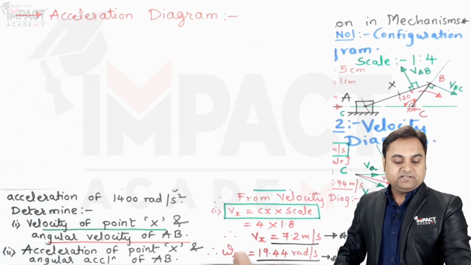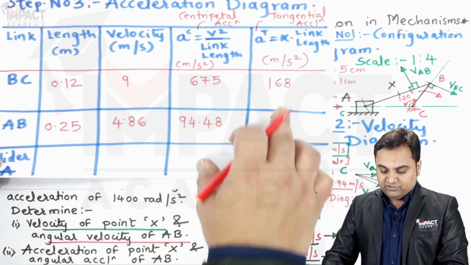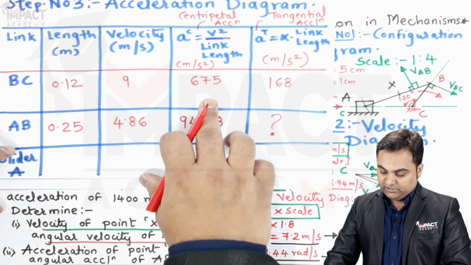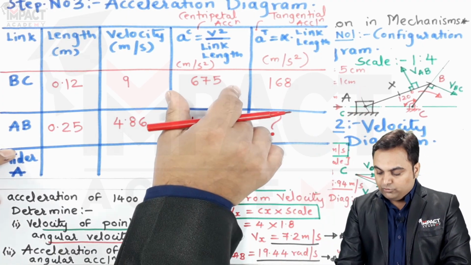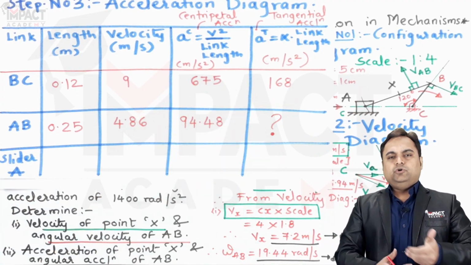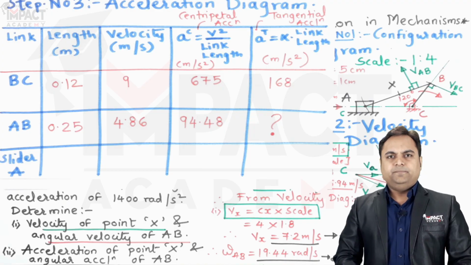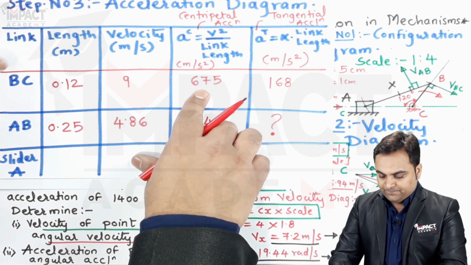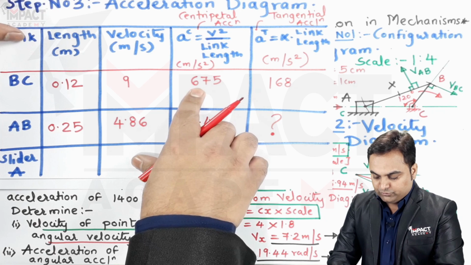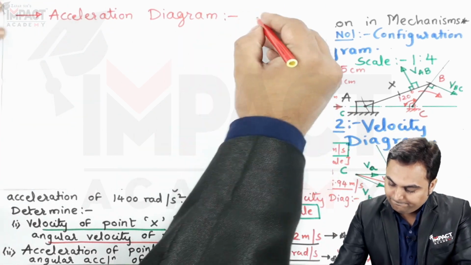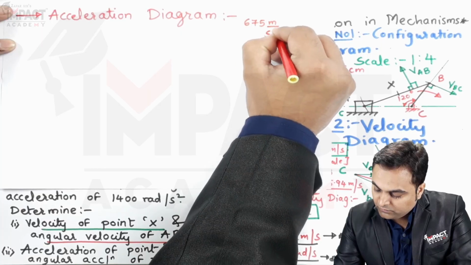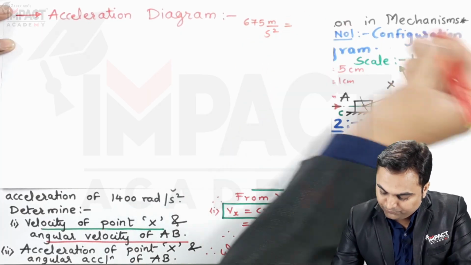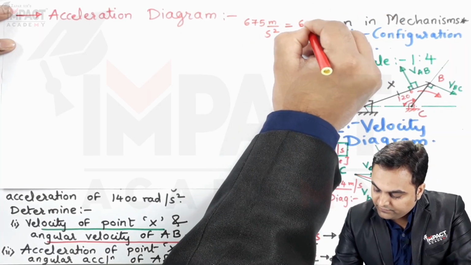For selecting the scale, take the major or biggest dimension. I can see that 675 is the biggest value. I am going to fit this value into around 5 to 6 centimeters so that the diagram is proportionate. So the scale which I am going to use is 675 meter per second square fitted into 6 centimeters.